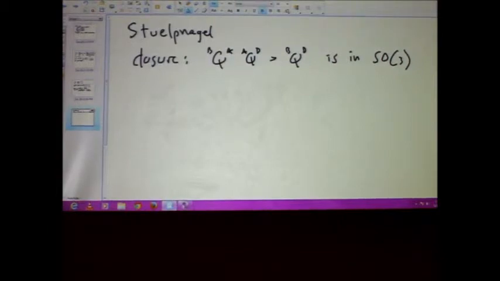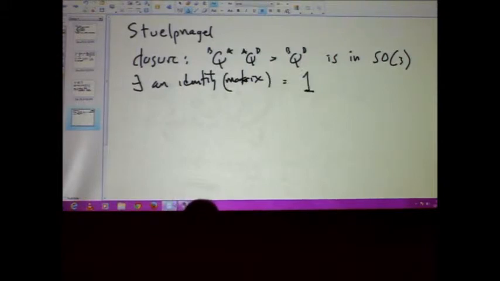Here's another one. There exists an identity matrix. In this case, we'll write it as the number 1, and it's just 1s on the diagonal and 0s everywhere else.